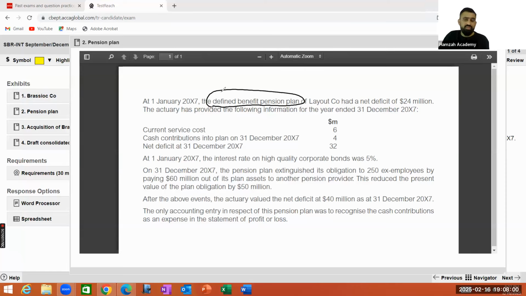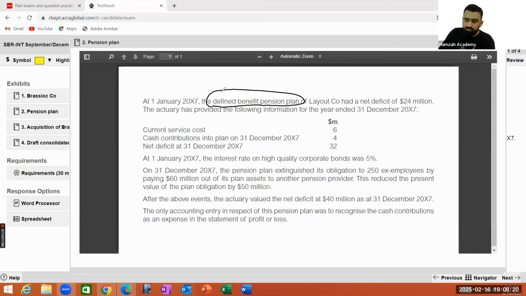So you have to recognize a net liability or a net asset. Net liability is recognized when the present value of the pension obligation is more than the fair value of the plan asset. That means your plan is in deficit. And normally these plans are in deficit.